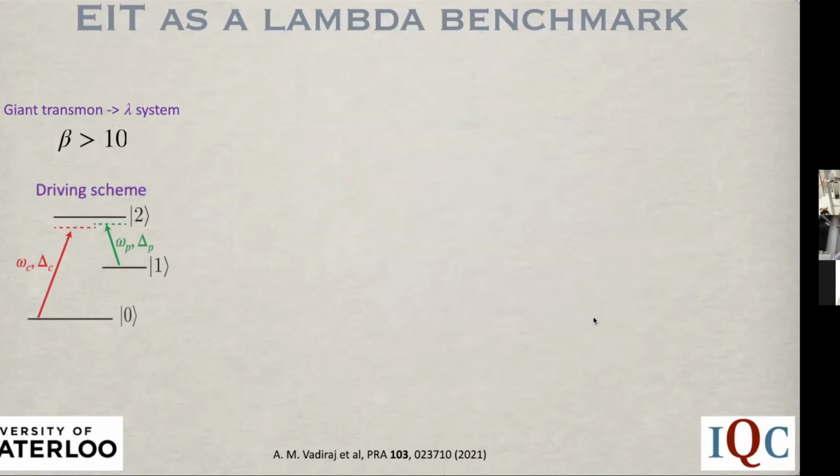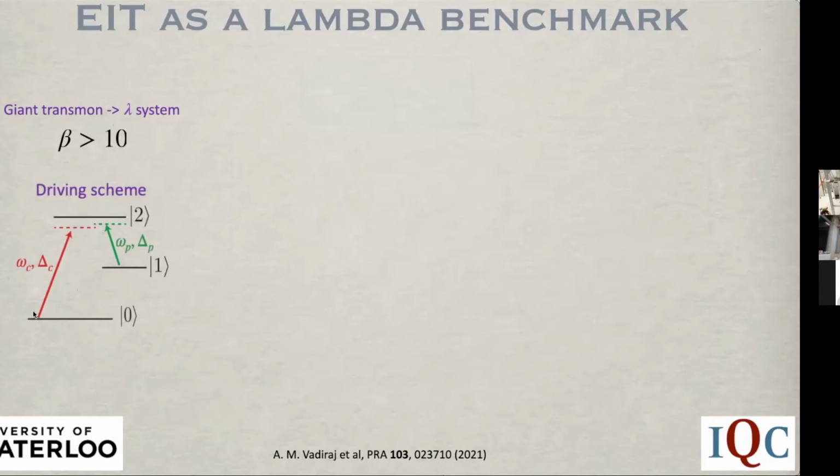And so as a benchmark of this, as I mentioned, there's a number of interesting effects in atomic physics associated with lambda systems. People think about using them for single-photon transistors and all kinds of different things. But a very characteristic effect, and also a characteristically coherent effect in lambda systems, is electromagnetically induced transparency, or EIT.